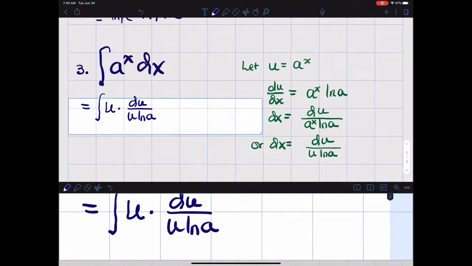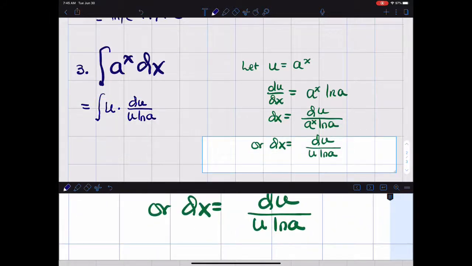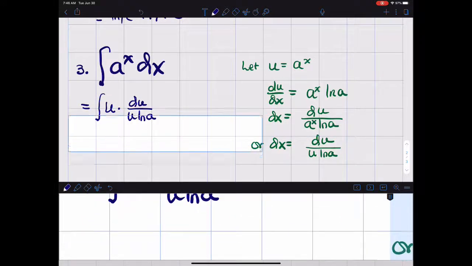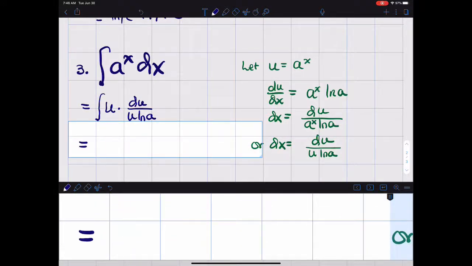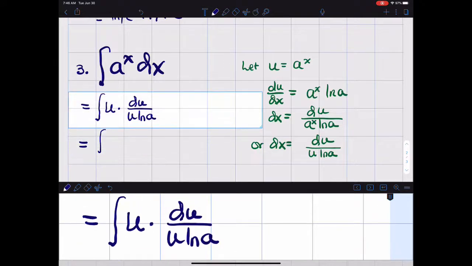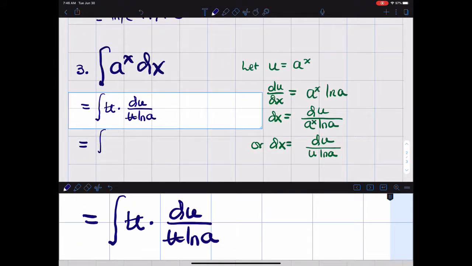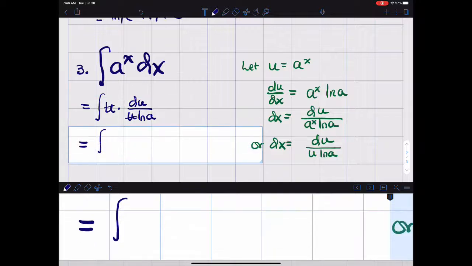I'm just substituting what we have here in green into our integral. All right, so this is integral. Things are going to cancel out. And we can factor out 1 over natural log of a. Natural log of a is a constant. So we have du.